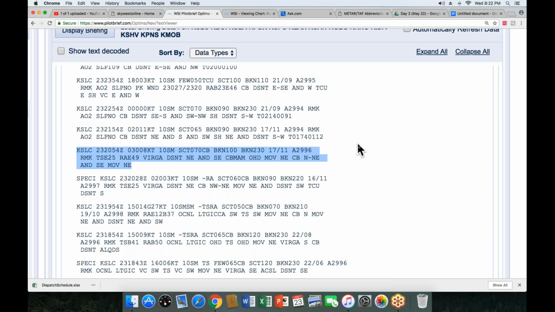Mm-hmm. So 29.96 inches of mercury. But we just read it as altimeter setting of 29, 9, 6. 29 or 6. Yep. Okay, now I gotta get out my cheat sheet.